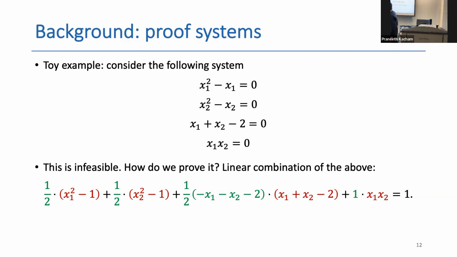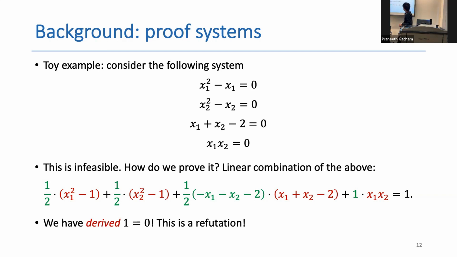The green ones are the coefficients of the linear combination, and the red are the equations that we have. They sum up to 1, which you can verify easily. So we have derived 1 equals 0, which is a contradiction. This is a refutation that this system is infeasible.